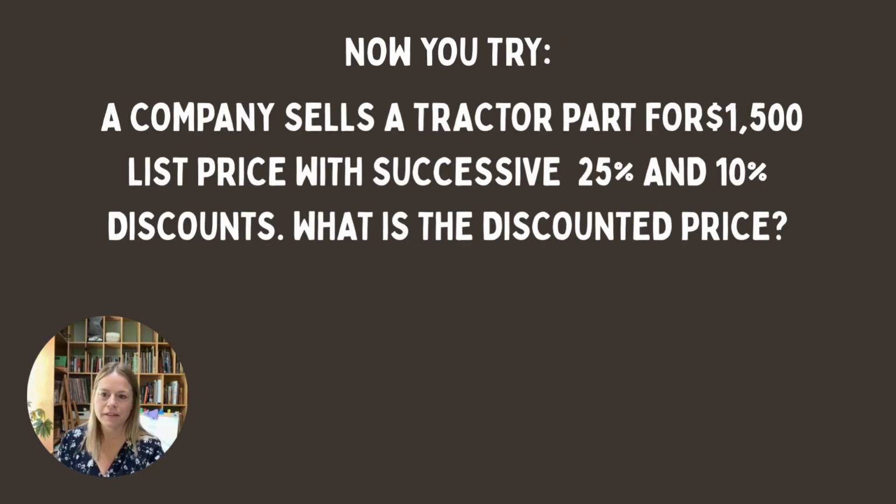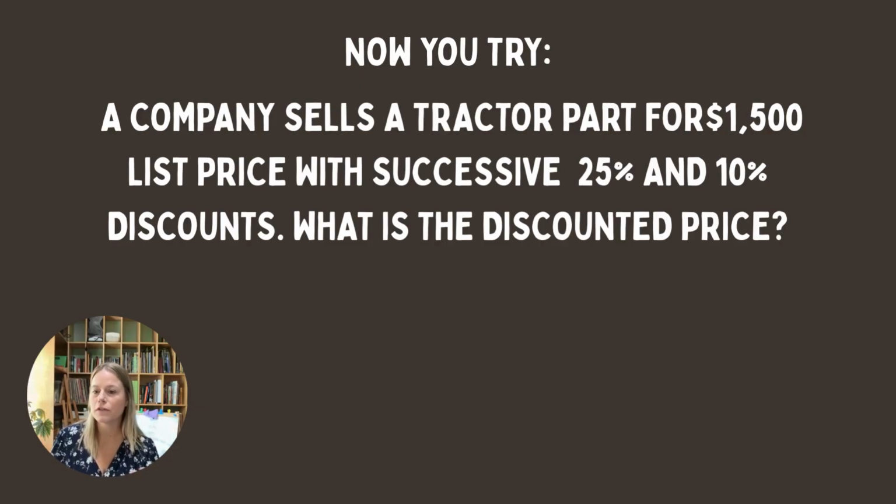Now you try. A company sells a tractor part for $1,500. That is the listed price with a successive 25% and 10% discount. What is the discounted or net price? Hopefully this is getting easier for you because you're doing the same thing.